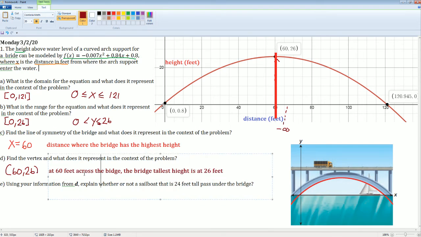All I did here was get the 60 feet across the bridge, using the unit for distance. And here I'm getting the 26, which is the y part, and that is the highest height.